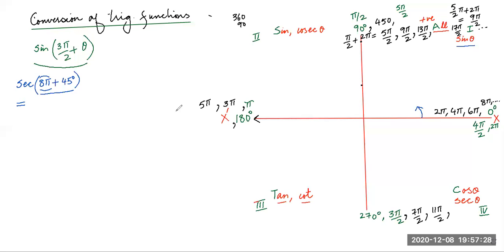He can't do any work. So secant will not get converted. Simply, I will write secant 45 degree. Is it very simple, students? It's super simple, a super trick. And secant 45: cos 45 is 1 by under root 2, so secant 45 will be under root 2. So very simple, I got the answer.